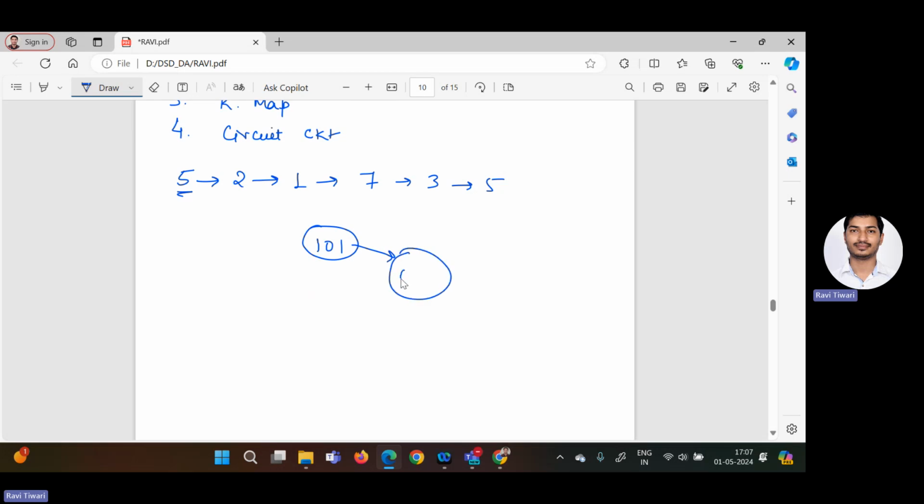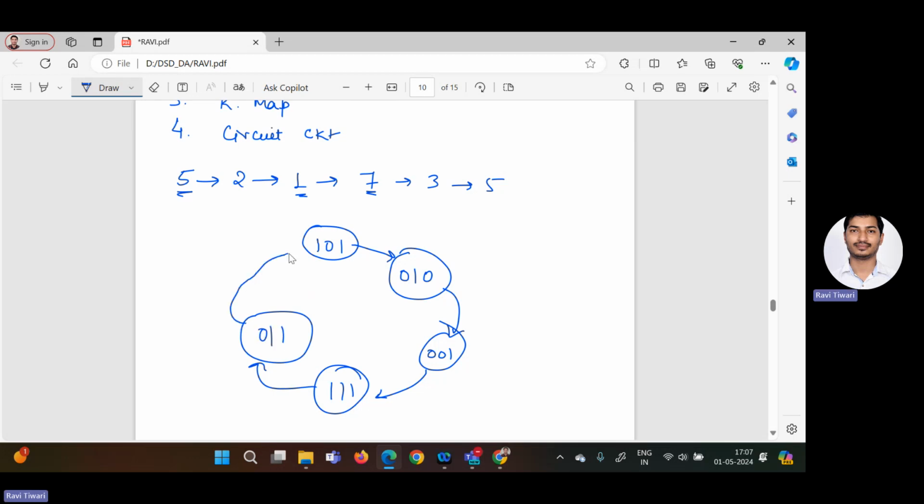Then 2 is represented as 0, 1, 0. Then 1 is represented as 0, 0, 1. Next is 7, represented as 1, 1, 1. Next number is 3, represented as 0, 1, 1, and then 5. So it's a complete circle, and it's called the state diagram.